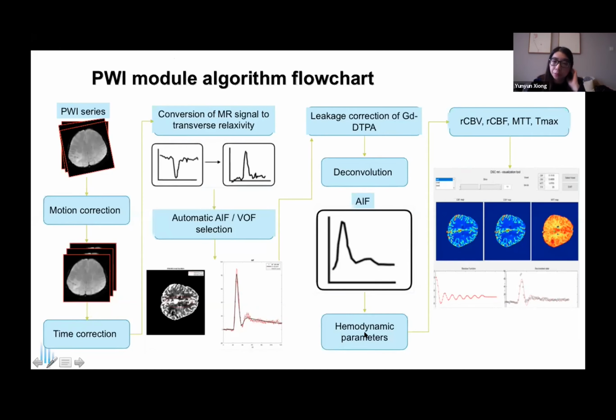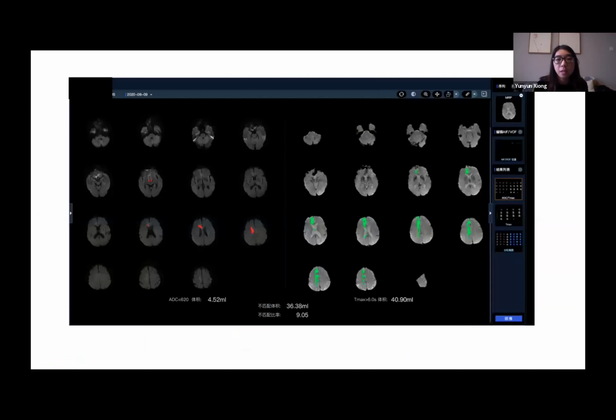And after adjusting for the hemodynamic parameters, we will get the rCBF, CBV, MTT, and Tmax numbers. And this is the interface that we mainly developed based on MATLAB. And when we translated to Python, this is the interface that we have in China now. Here we are showing ADC less than 620 for the infarct core, and Tmax more than 6 seconds for the hypoperfusion. And we also automatically calculate the mismatch volume and the mismatch ratio.